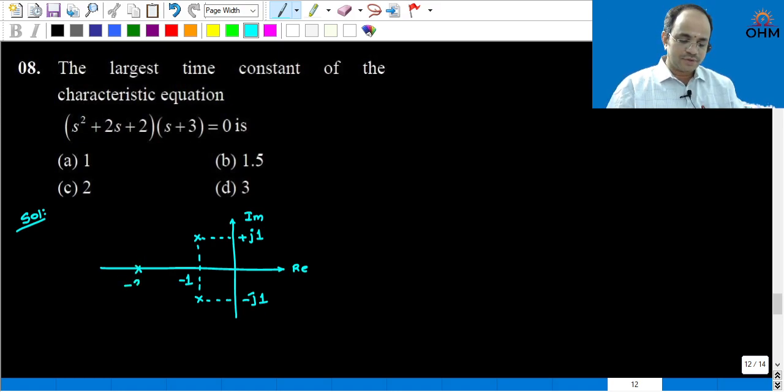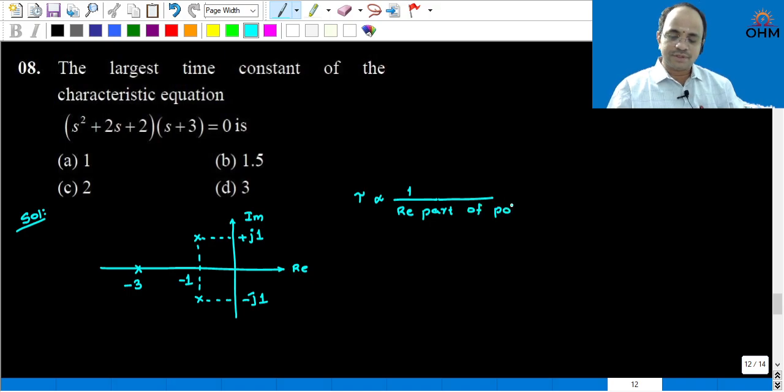The third pole is located at -3. So, the time constant is inversely proportional to the real part of the pole.